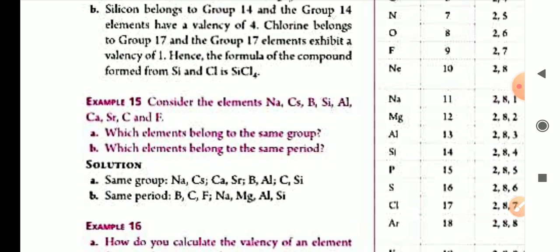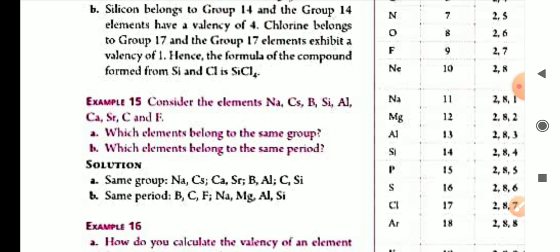Now the same period: 2,8,1, 2,8,3, not calcium. So sodium and aluminium belong to the same period. Given the example, they have given it totally the same.